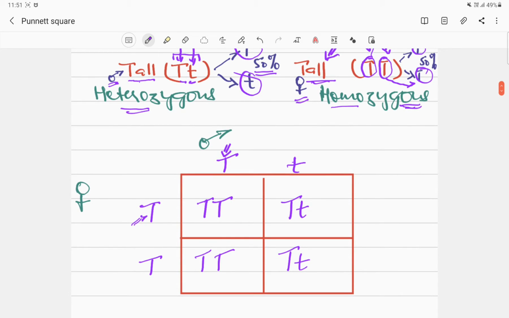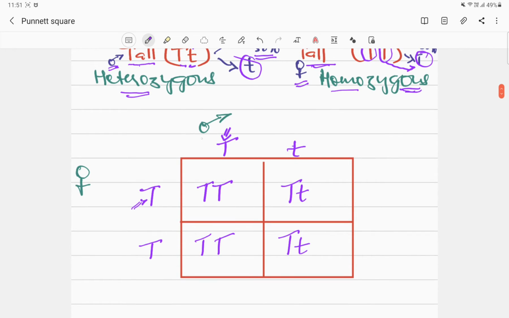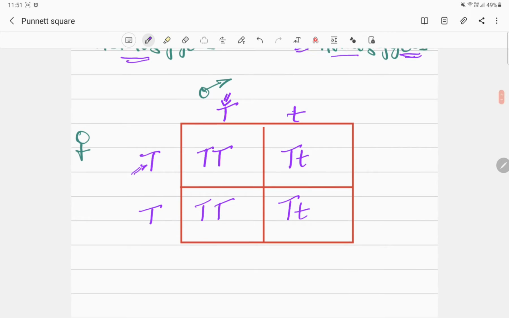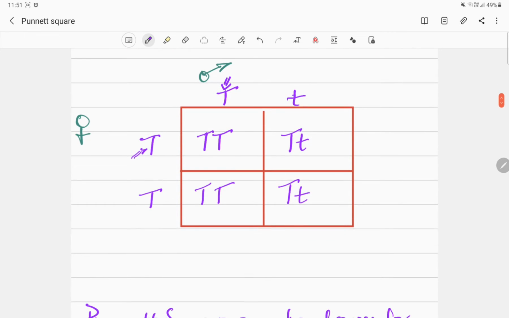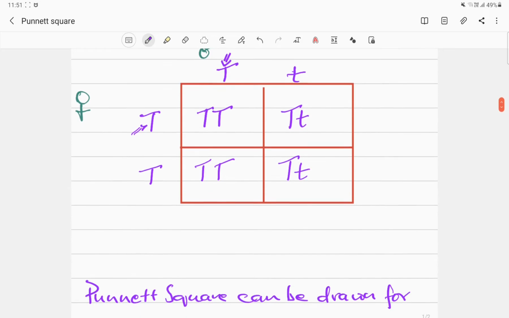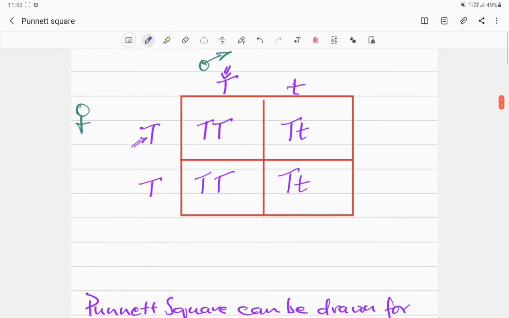It is not necessary that these four will be generated, but these are the four possible outcomes if these gametes fertilize, right? So these gametes come together and enter a fertilization event. Now, here we've just picked up only one particular trait for analysis, which is the trait of height.